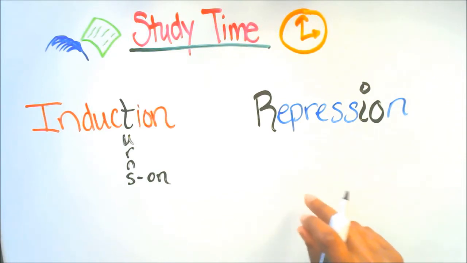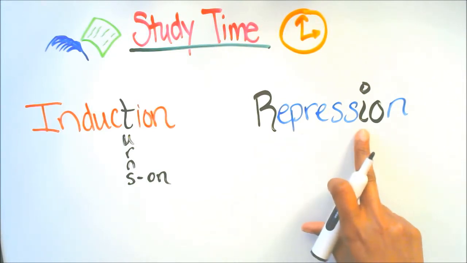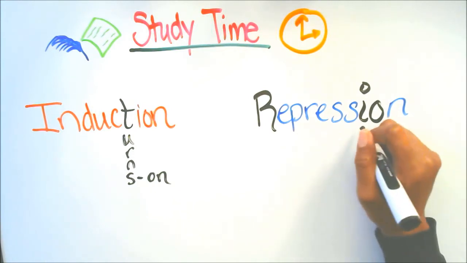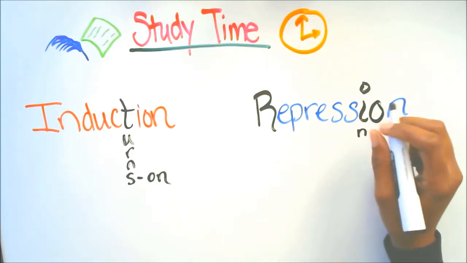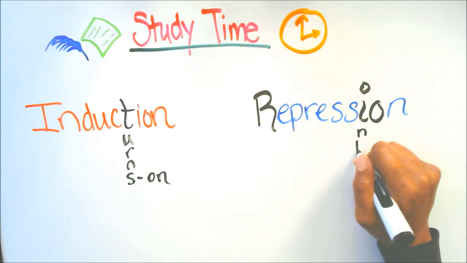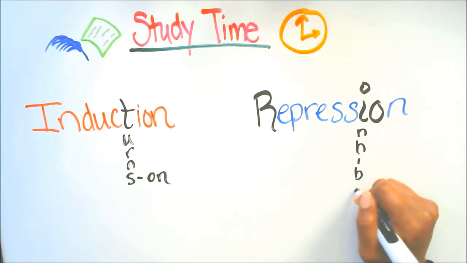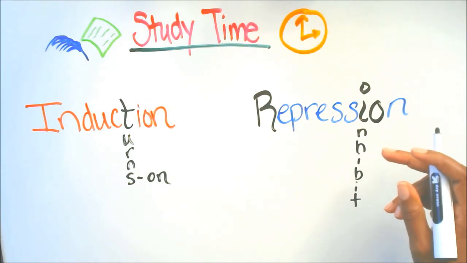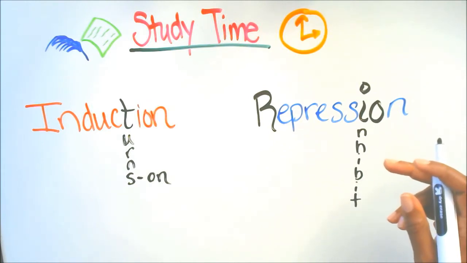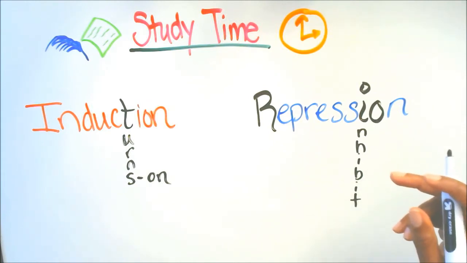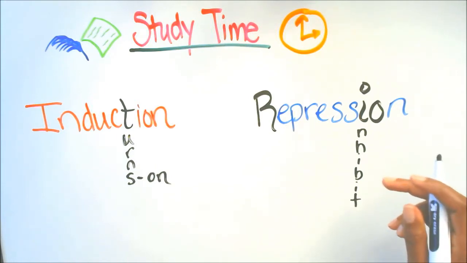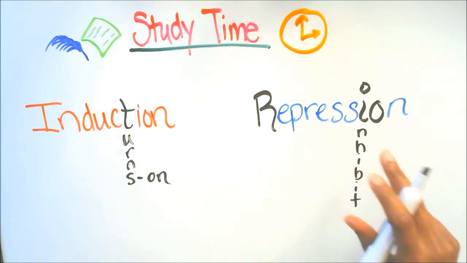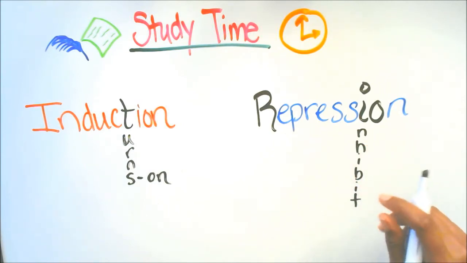Now the letters that I picked are R, I, and O. So I'm going to start with I, and the word that I picked is inhibit. It inhibits gene expression and decreases synthesis of enzymes. So inhibits gene expression, decrease synthesis of enzymes.